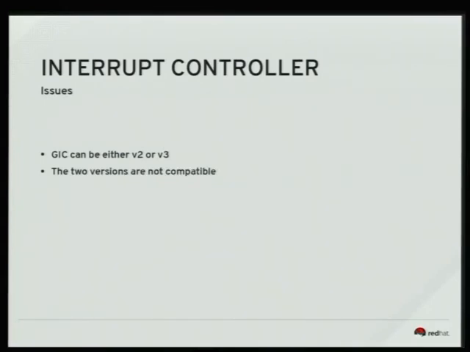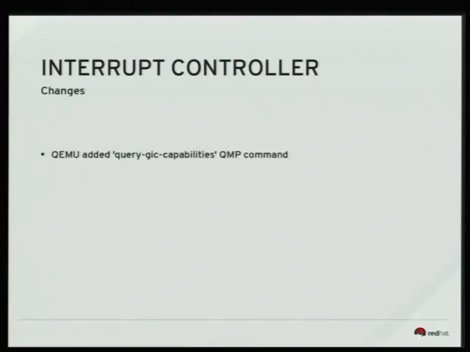So you have to be mindful of that. But we would want the user not to have to worry about that. So QEMU added a new query-gic-capabilities QMP command, and through that command, libvirt can figure out what versions the binary supports and pick one or the other automatically for the user.